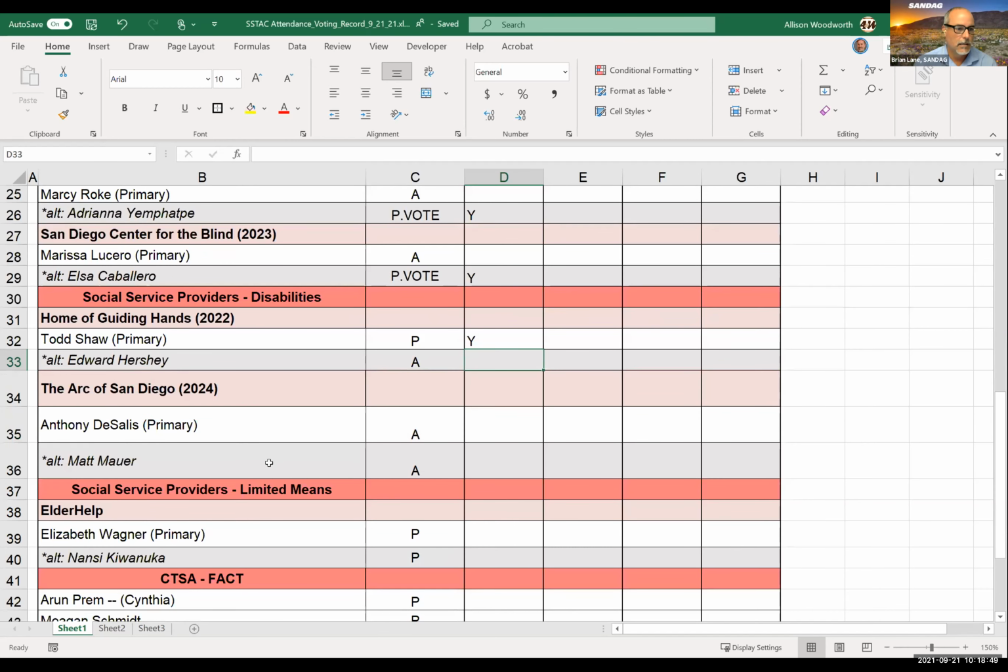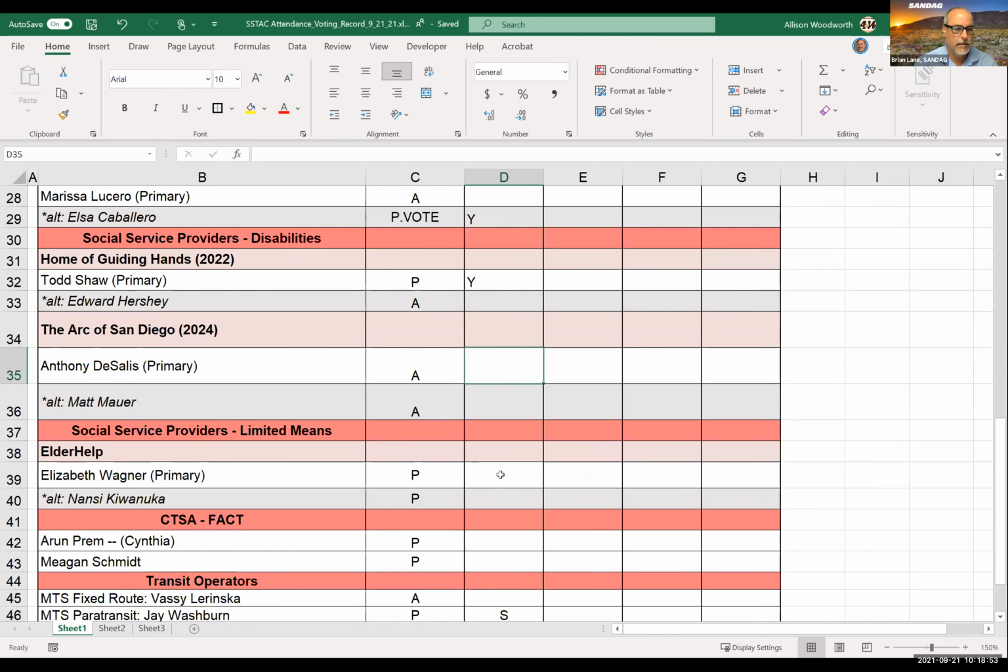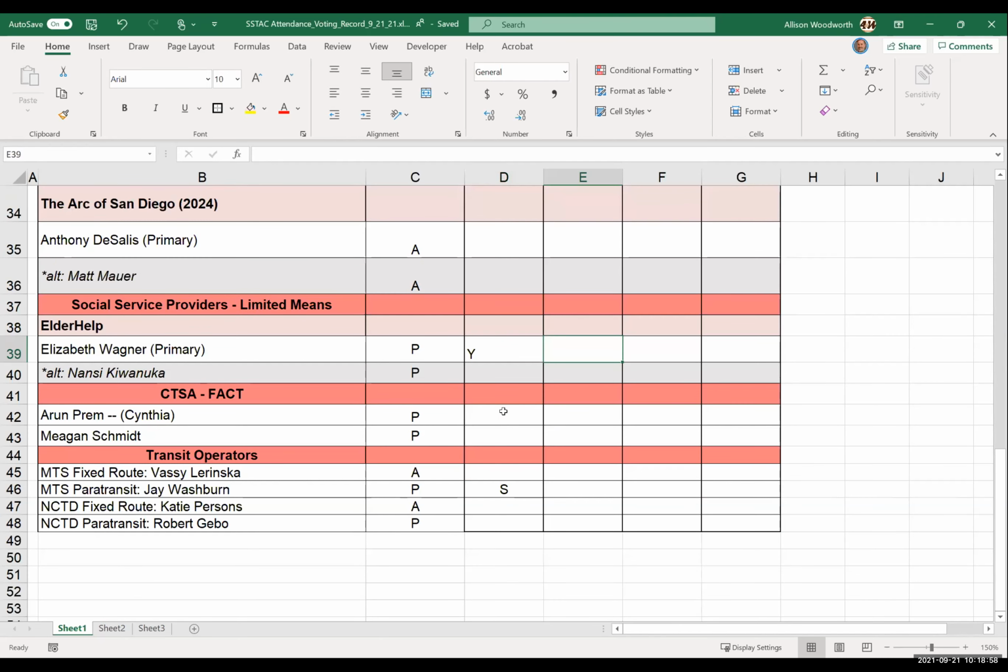Doesn't look like it. Skip down to Elizabeth. Yes, I approve. Cynthia. While we're waiting on her, Megan. Approve. Let's see, Jay seconded, so we'll assume that's an approve. And then Robert. Approve. Okay, Megan, that passes.